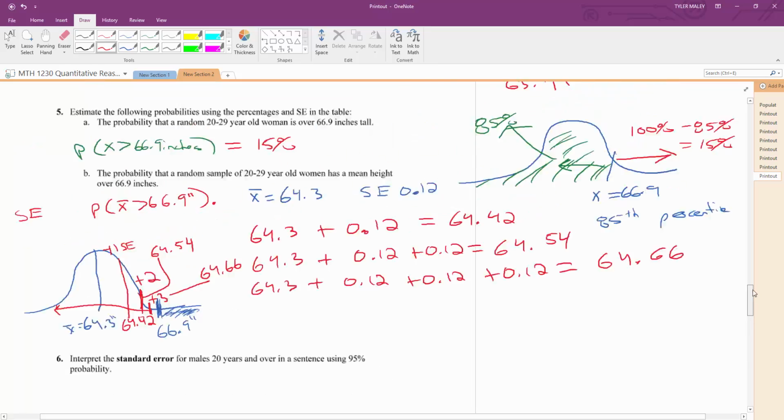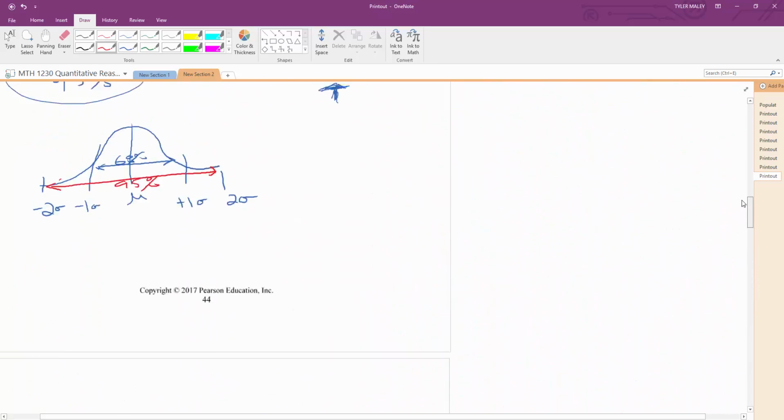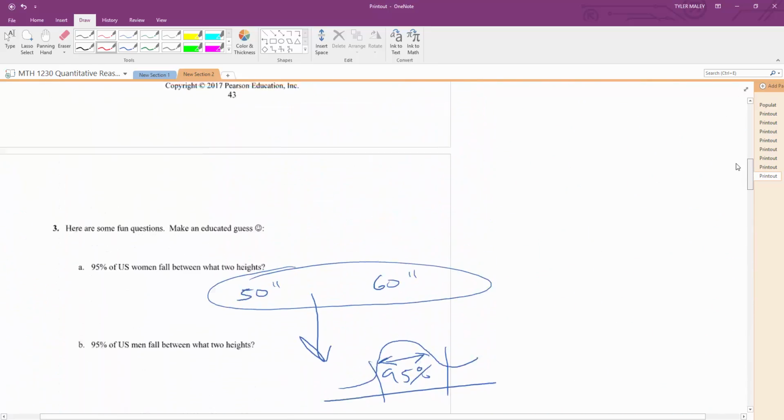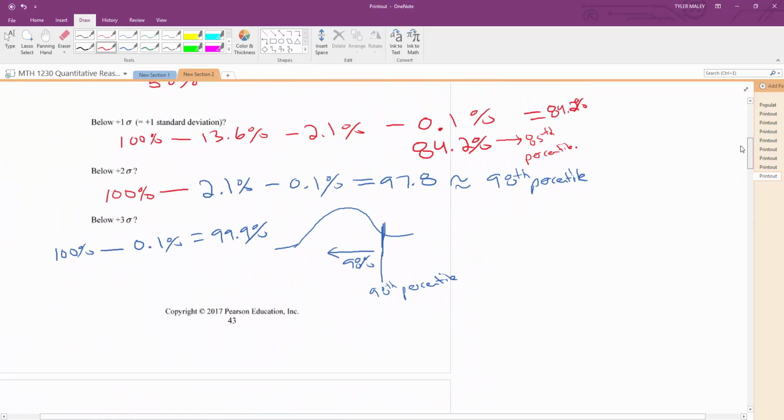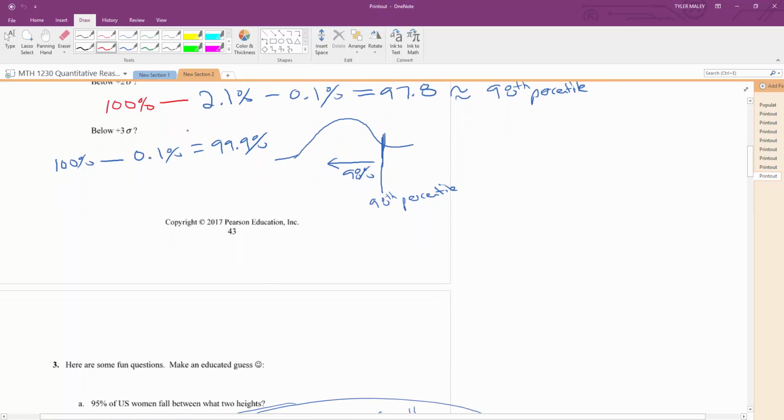If we go back up to the previous question, we already answered this. Here, this part, where it says below plus 3 theta. So this is also the same as below plus 3 standard error, because remember, standard error and theta really mean the same thing, standard deviation and standard error.